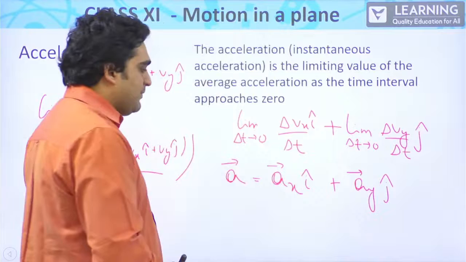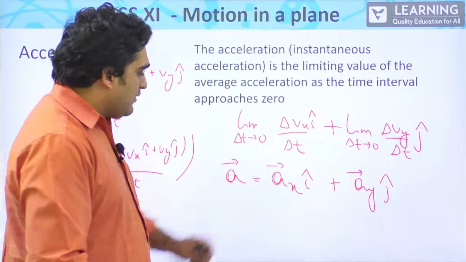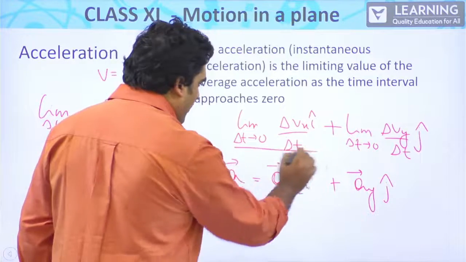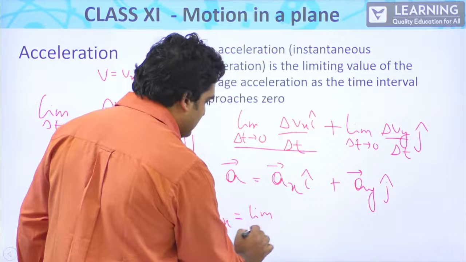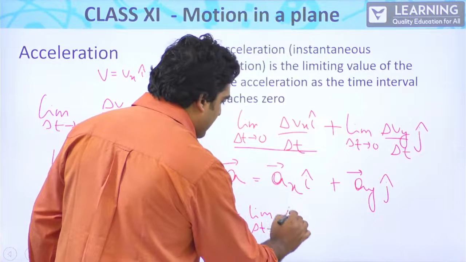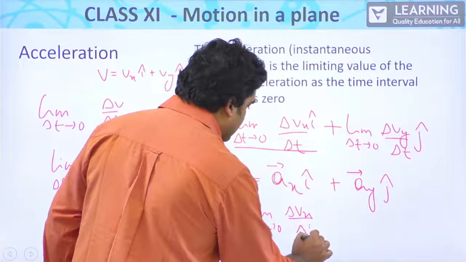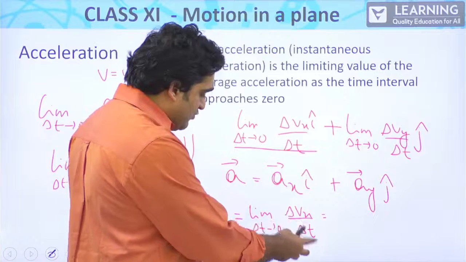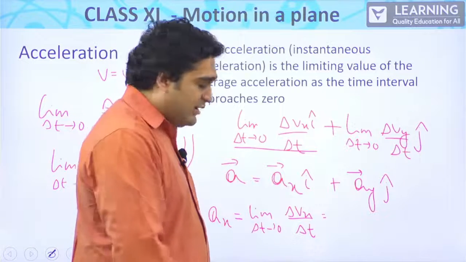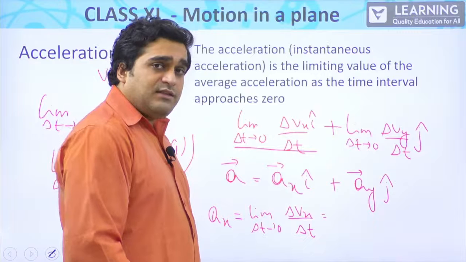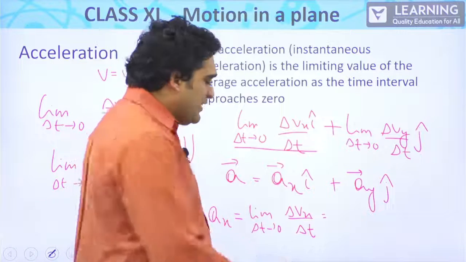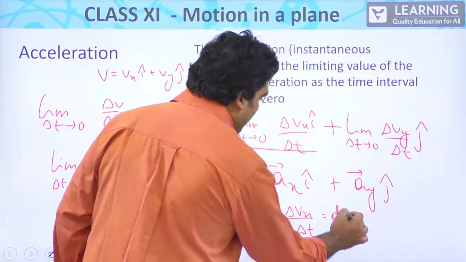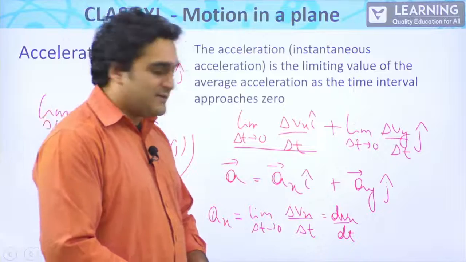These are all vectors. Now, in fact, this component ax is related to the limit as delta t tending to 0 of delta vx by delta t. This is too big to write. It takes small space, but still consumes time to write. So the easy way to define this is by using differential calculus, which is dv by dt, but vx, since the component is along the x-axis.